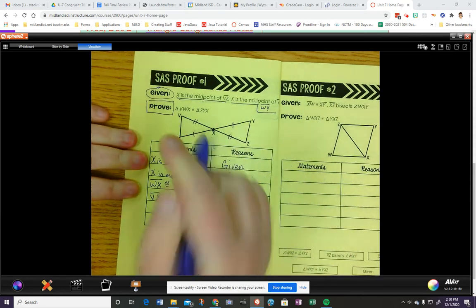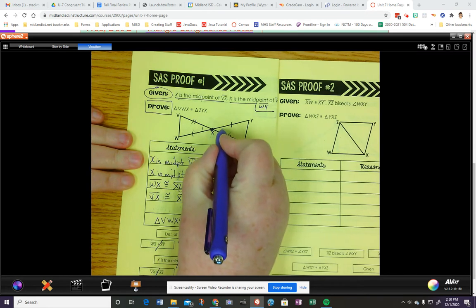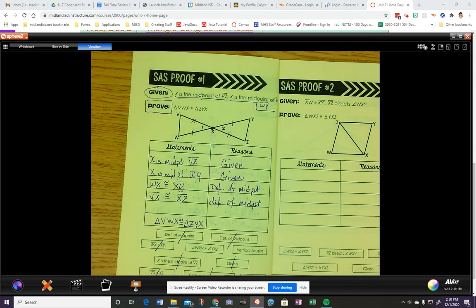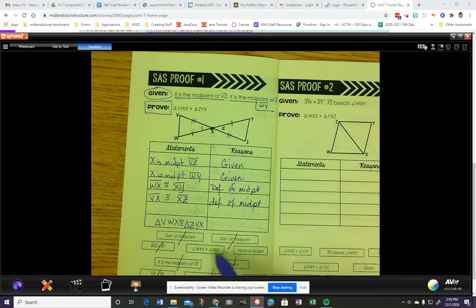But we do know something about this angle 1 and this angle 2. What do we know about those angles? Look at your bottom down here. WXV is 1, and YXZ is 2.